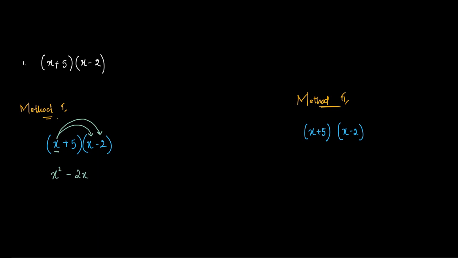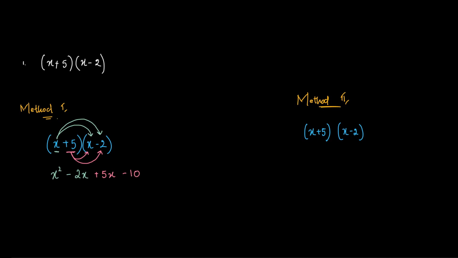And then I'm going to go to the next term, which is plus 5, and I'm going to do the same. I'm going to multiply this plus 5 with both the terms in the next bracket. So 5 times x and 5 times negative 2. So 5 times x is positive 5x, and 5 times negative 2 is negative 10.